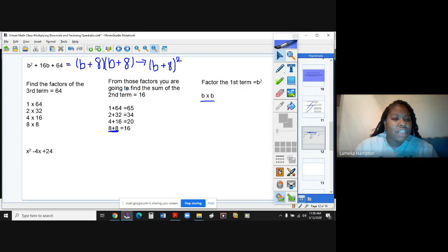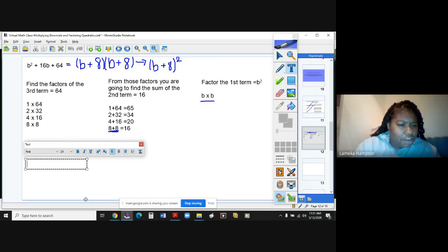So my first step is to find the factors of the third term. My third term is going to be 24. So now what I'm going to do is I'm going to type out all my factors of positive 24. All right. So I have 1 times 24. All right.